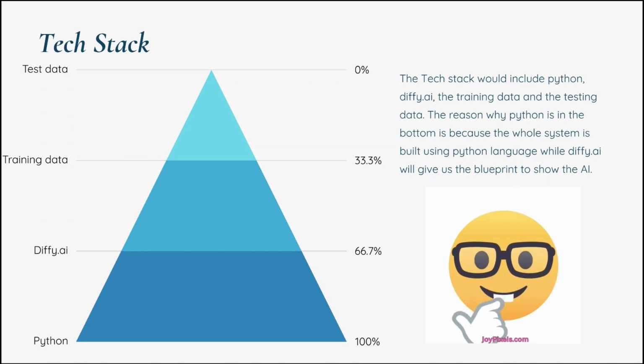We're going to be using the assistance of Diffie AI. It will help us to create and understand more of the technical stuff, of understanding this tic tac toe AI. We're also going to be using training data of many different tic tac toe games, and then we're going to split it, 90% training and 10% testing data.